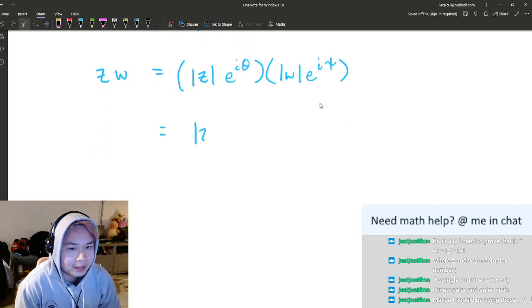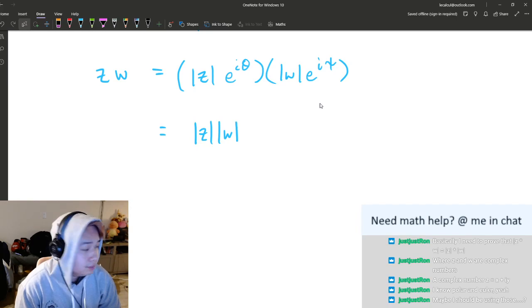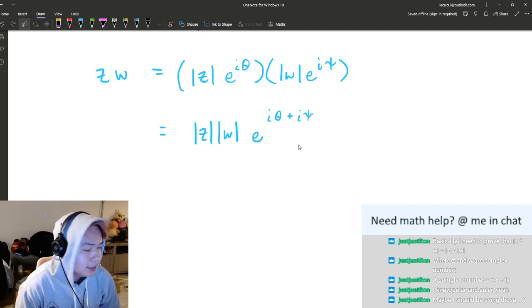So this is absolute value of z times absolute value of w. And then we can use exponent rules and add our exponents together for e. And then hopefully you can see where I'm going.